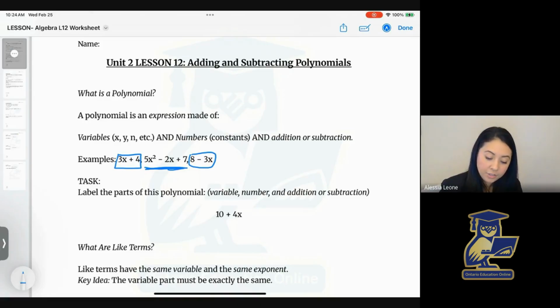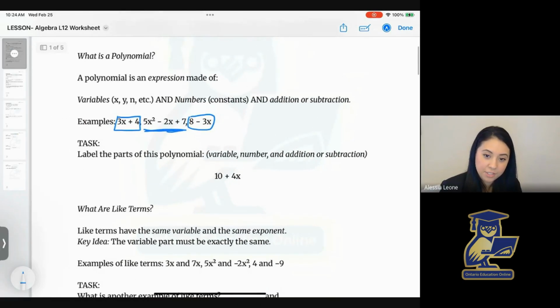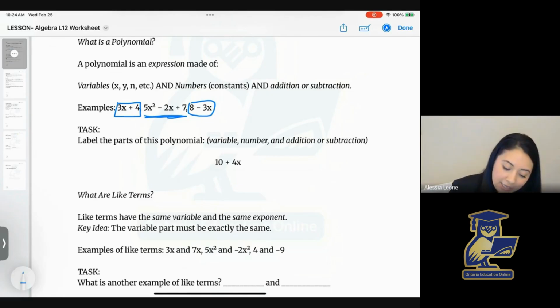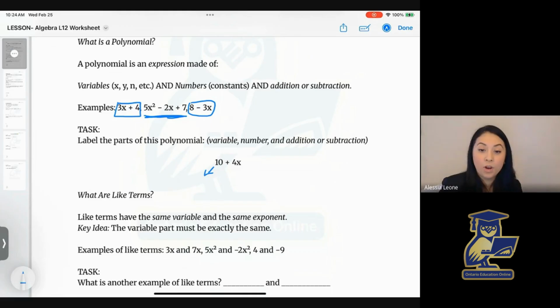So under here, there's a little task for us to complete. Label the parts of this polynomial. Okay, we have 10 plus 4x. So here we know this is a number. Our number at the top in the brackets, as we see, is called a constant. Now it wants us to find the variable. Which is the variable?